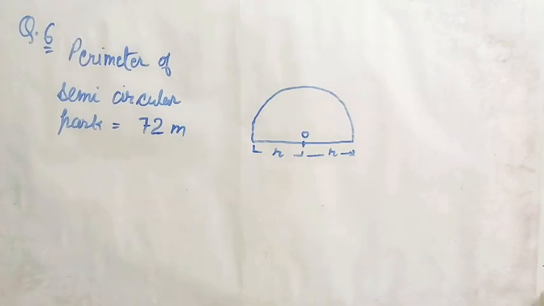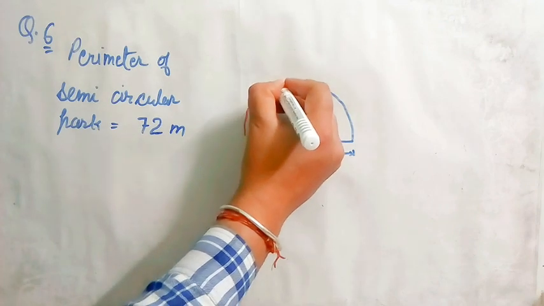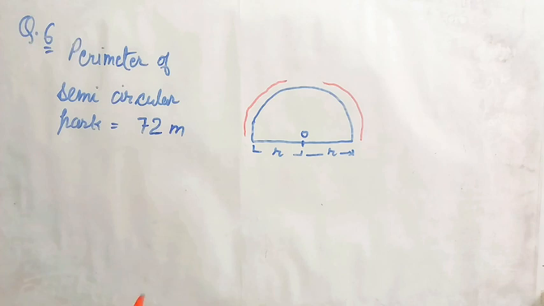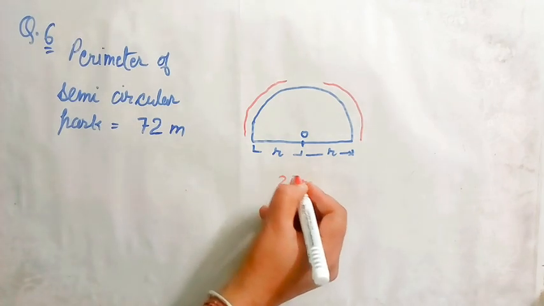Now what will be the perimeter of this semicircle? We know that the perimeter will be the total length of the boundary. So first of all, we must know the length of the semicircular part. We know that the circumference of a circle is 2 pi r, but here it is half only.